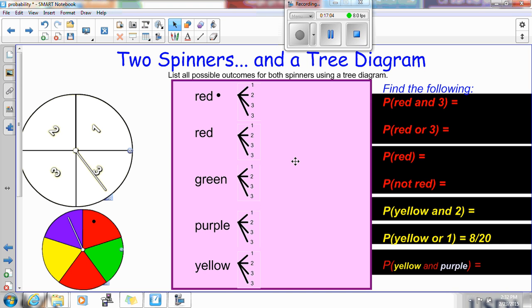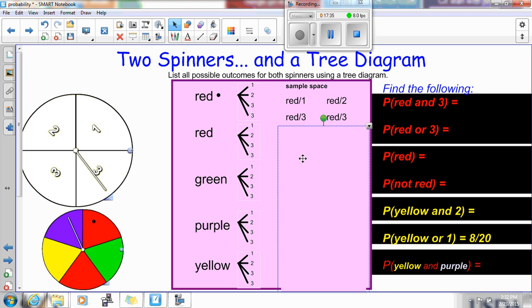So now here are our total probabilities. If I land on red with a dot, then I could have 1, or I could land on red and 2, or red and 3, or red and 3. So we create what's called a sample space over here. Red with a 1, red with a 2, red with a 3, red with a 3. These are all the different combinations that the 2 spinners can land on. The second set of combinations are the same, because, again, I'm looking at my red spinner.